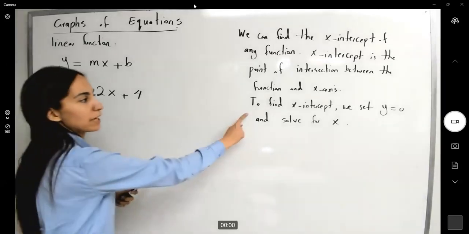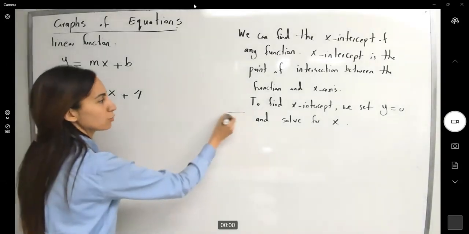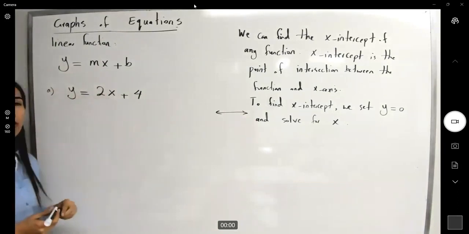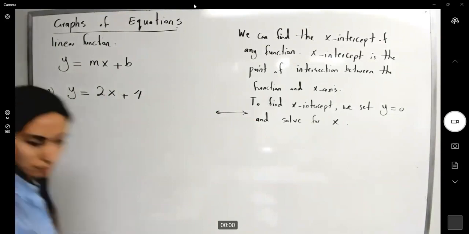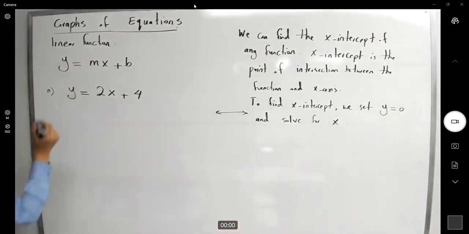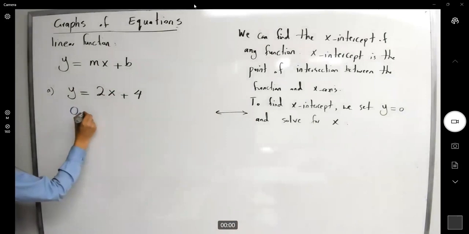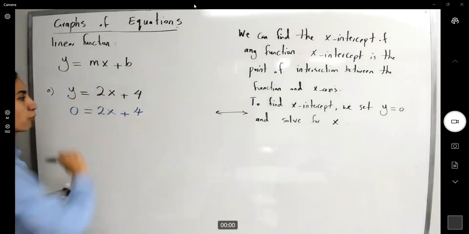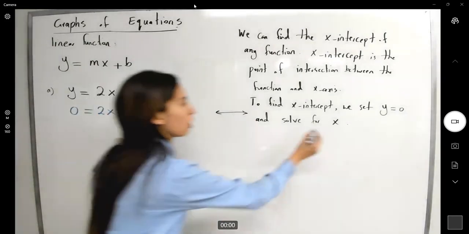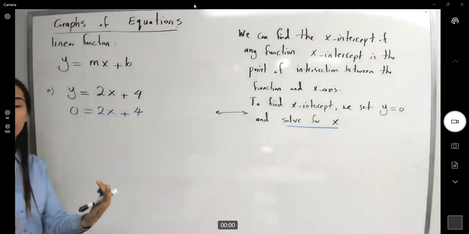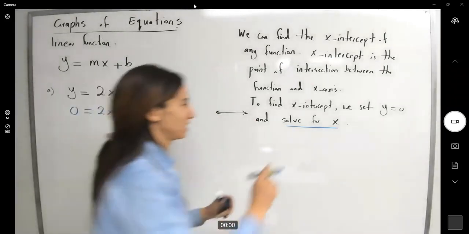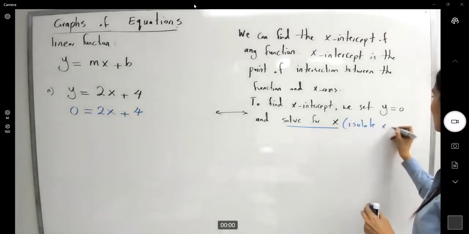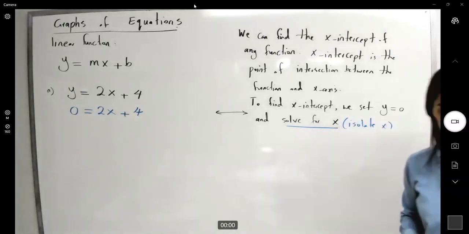So I'm going to set y equal to 0 and solve for x. Y is 0, and on the right-hand side, I have 2x plus 4. To solve for x, I have to isolate x.